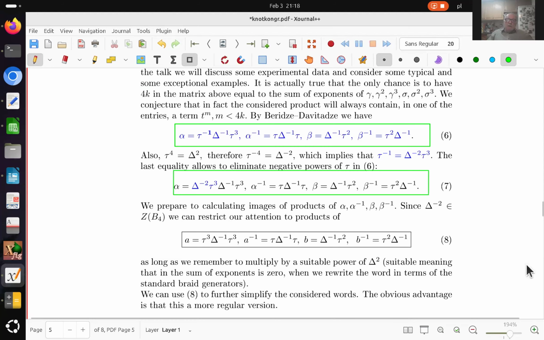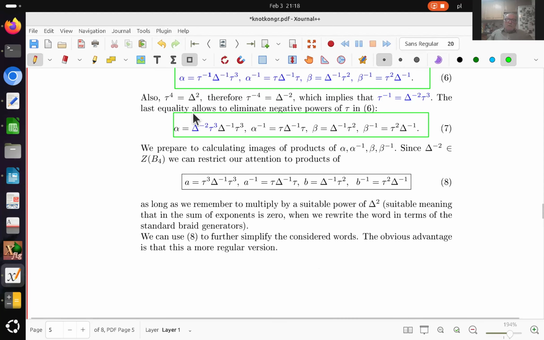Now in this setting, we are considering formally non-reducible words in alpha inverse, beta, and beta inverse. And when we replace alpha with this, of course, we got a different product. But the difference is insignificant because we have the control of it.